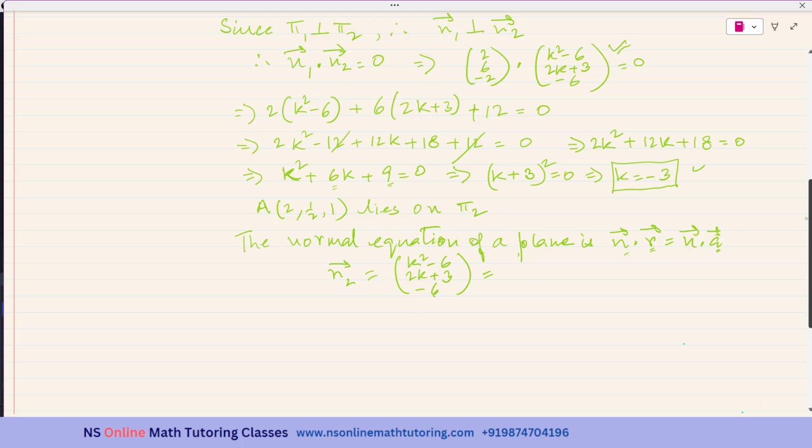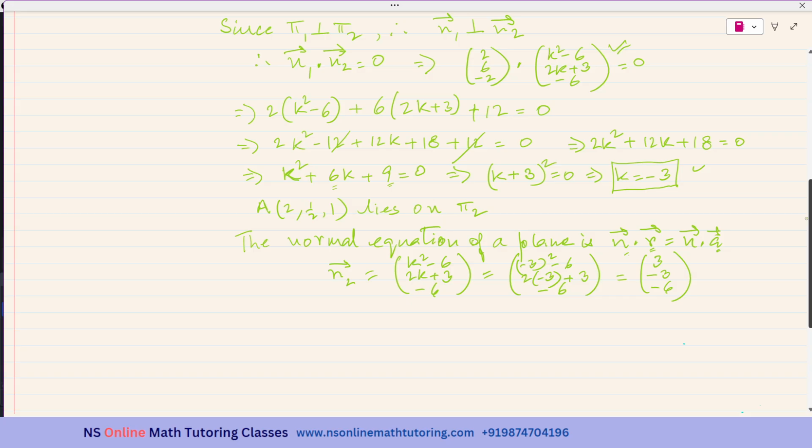So, this is equal to, k is minus 3, so minus 3 whole square minus 6 and 2 times minus 3 plus 3 and minus 6. So, minus 3 whole square is 9, 9 minus 6 is 3. And this is 2 times negative 3 is negative 6 plus 3 is negative 3 and minus 6. So, this is the n2 vector.